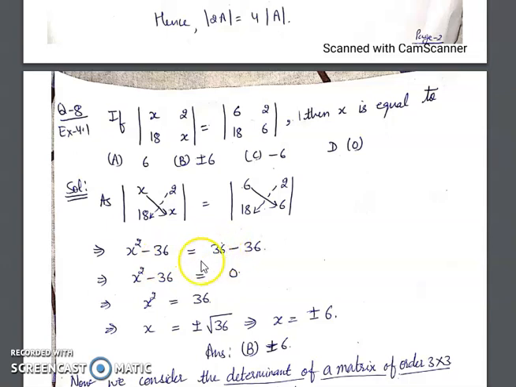Now solving this, we get x square minus 36 is equal to 0. Means x square is equal to 36. So x is equal to plus minus root 36, or x is equal to plus minus 6. So the correct option is B.